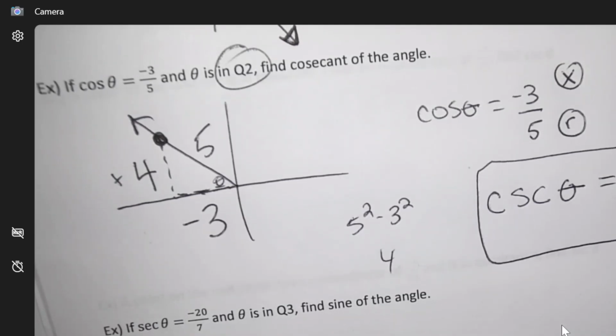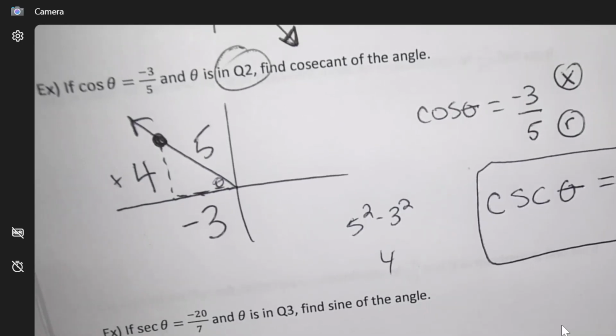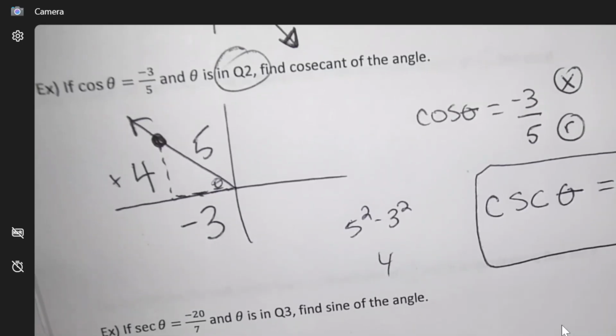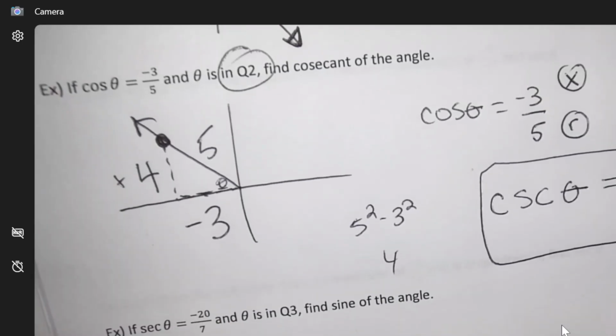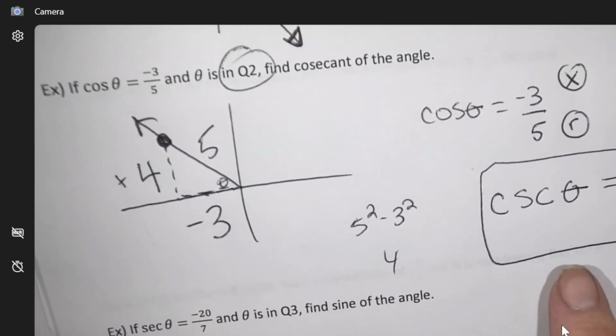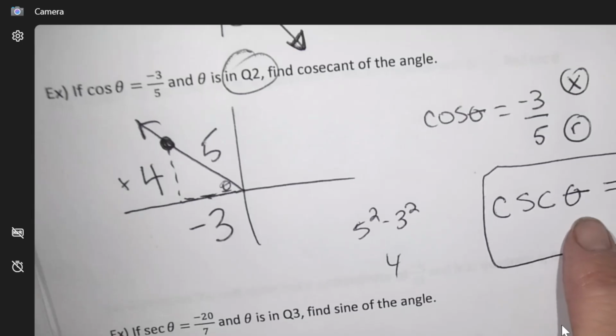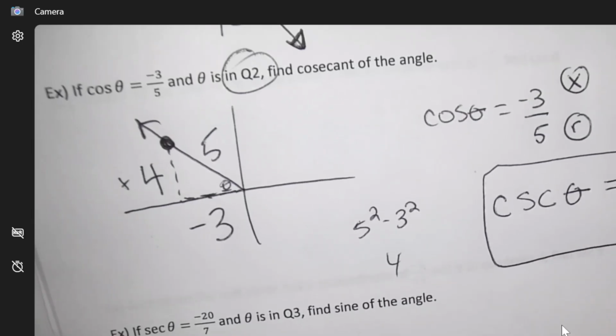Sine. Sine is the Y over R, so we are the R and the Y. Okay, 5/4. Everybody remembers this is a trig value, so you always need to write the trig function, the angle equals the trig value.